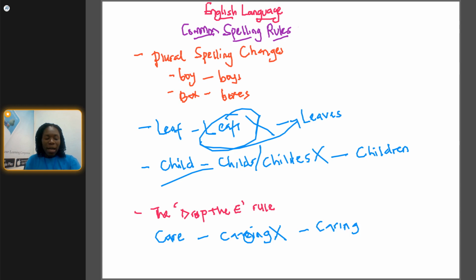So from care to caring, you have to drop the E. And why do we need to drop the E? We drop the E because keeping the E will change the pronunciation of those words. The words are going to sound odd. Imagine having words like this.